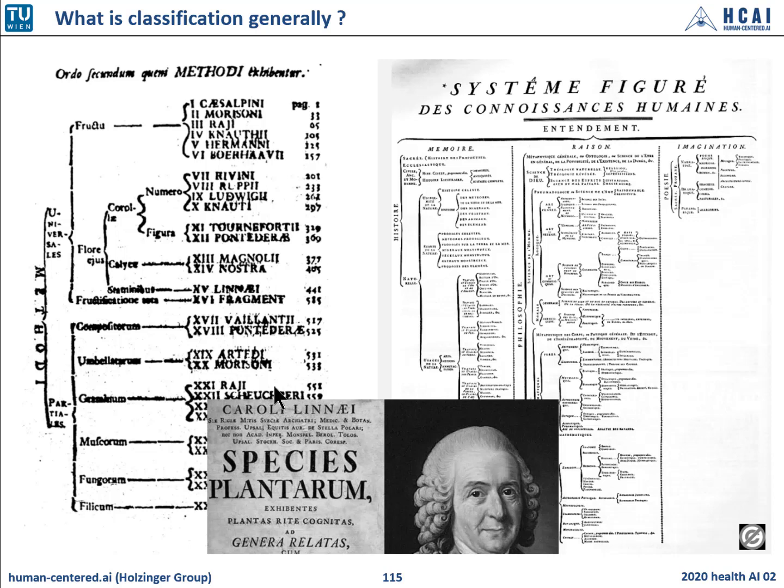So what is classification generally? It is a process in which ideas and objects are recognized, differentiated and understood, and this is the semantical part. So a classification system is an approach to accomplishing classification.